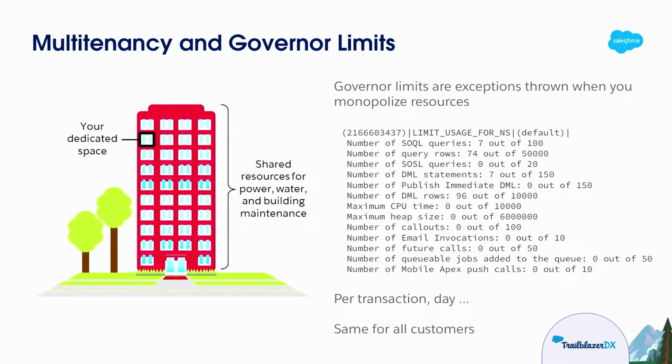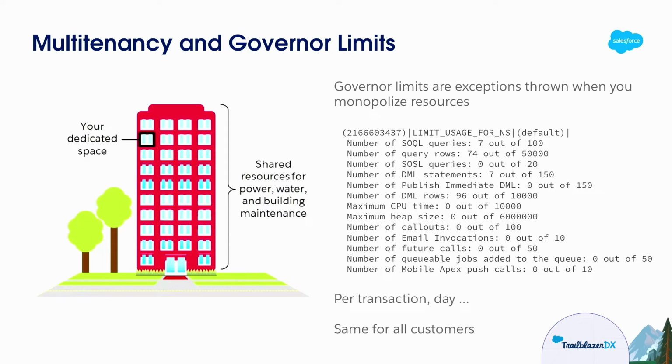Salesforce works in a multi-tenant environment, which means that the resources that your org is occupying are in a shared environment in which other tenants are also executing their code. That means that a single customer cannot hoard all the resources that are available in that environment.